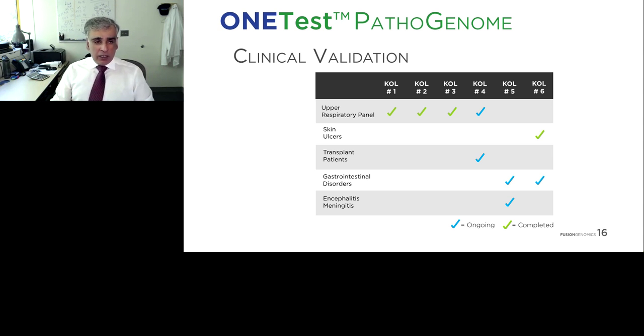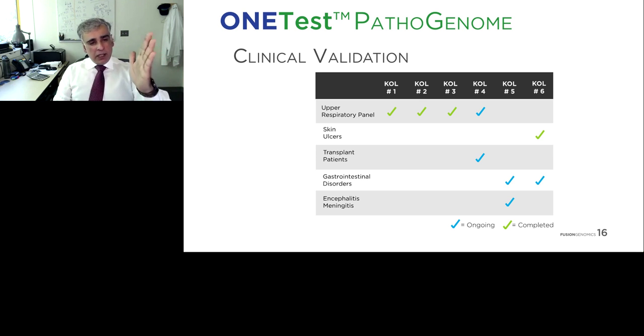Just a little overview, if you were to just look at the upper respiratory, how did we design the assay? So on your left-hand side are all the pathogens out of the pathogenome, which are representative of the upper respiratory pathogens.